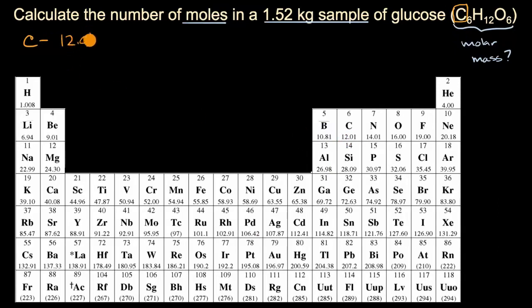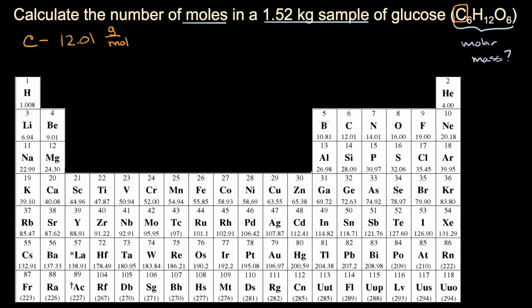We've talked about in other videos, you could view this 12.01 as the relative atomic mass, or the average atomic mass of a carbon atom, or what's useful, and this is where Avogadro's number is valuable, if you have Avogadro's number of carbons, it is going to have a mass of 12.01 grams. So carbon has a molar mass of 12.01 grams per mole.